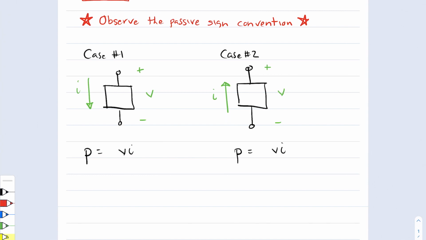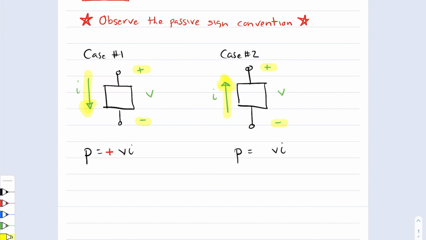So over here, notice that this current is going from the positive down to the negative, so it is going down this way. That means the sign on this power equation is plus. While over here, this current begins at the negative reference point, goes up through the circuit, and ends up at the positive.